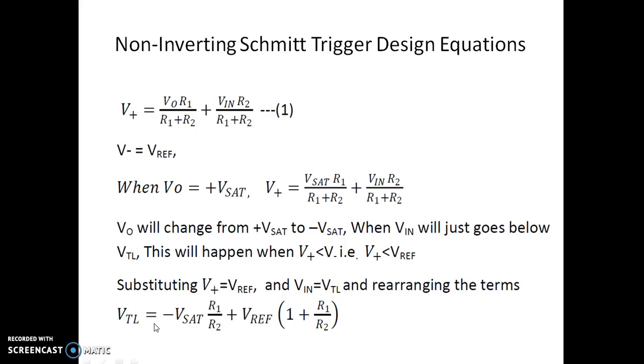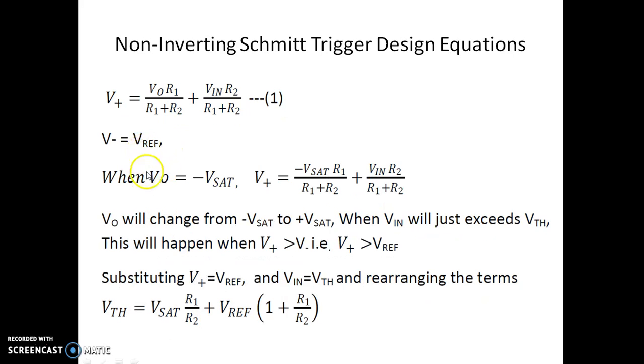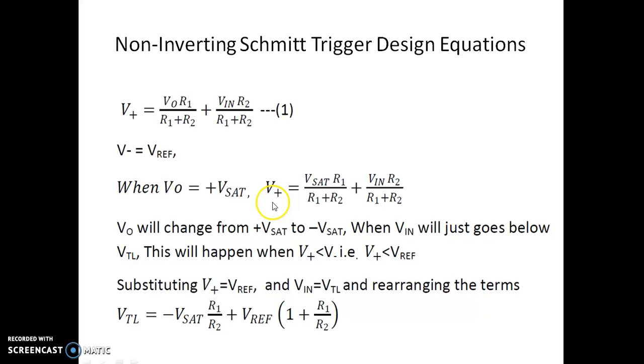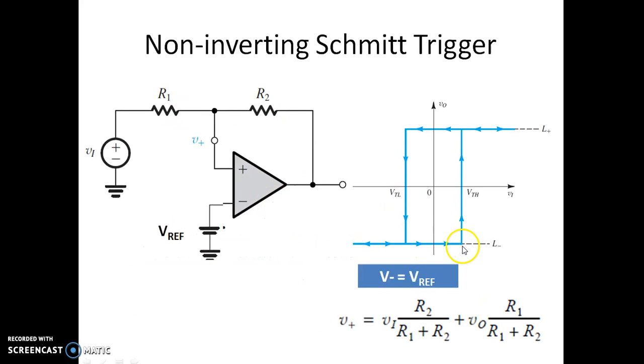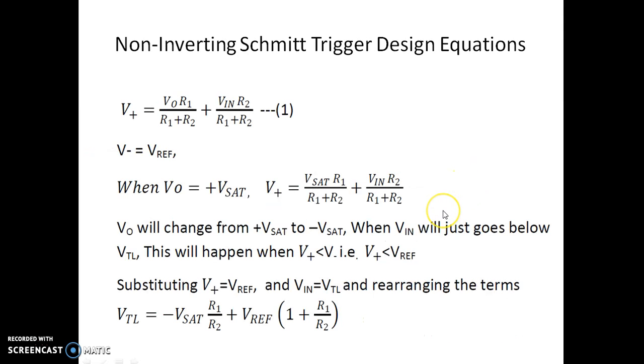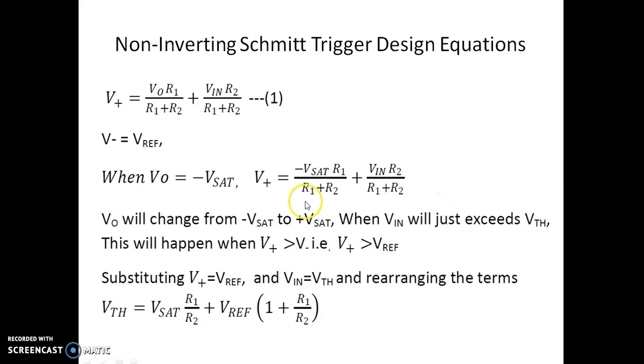Similarly, we can get the expression for VTH, which will happen when the output voltage is minus Vsat. If the output has to change from minus Vsat to plus Vsat, the input voltage should exceed VTH. That's what is written over here. The output is at minus Vsat. The output V0 will change from minus Vsat to plus Vsat when Vin just exceeds VTH.